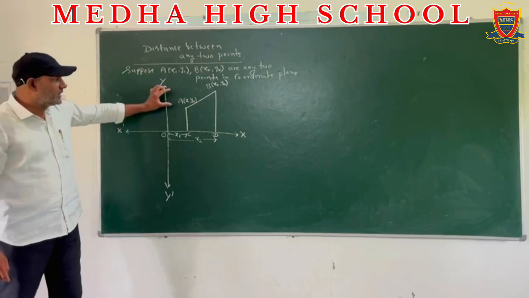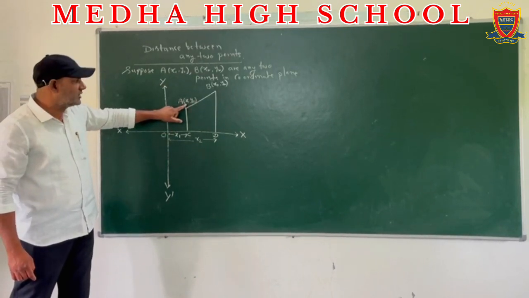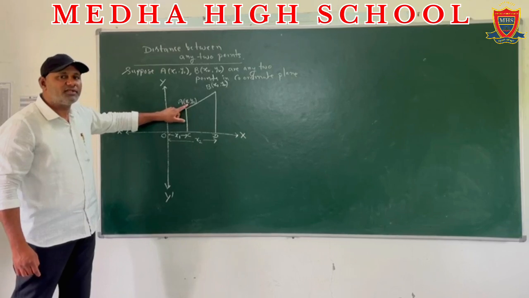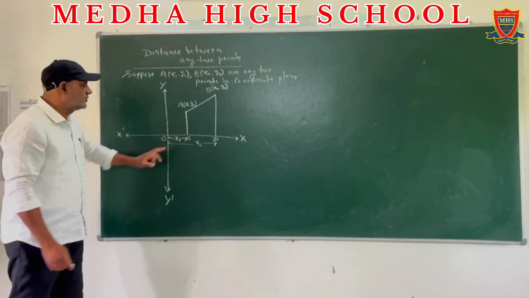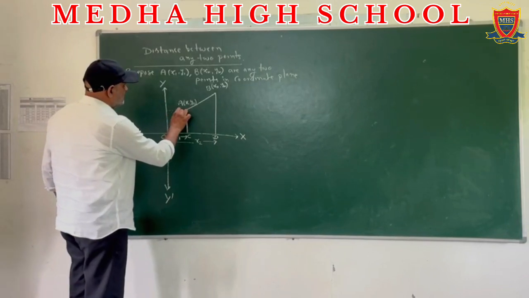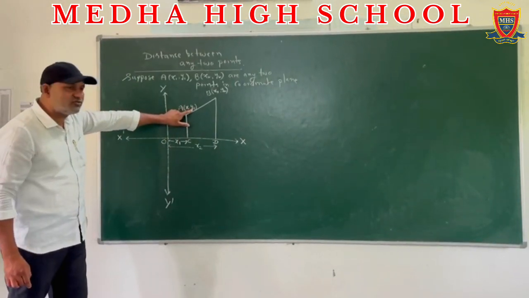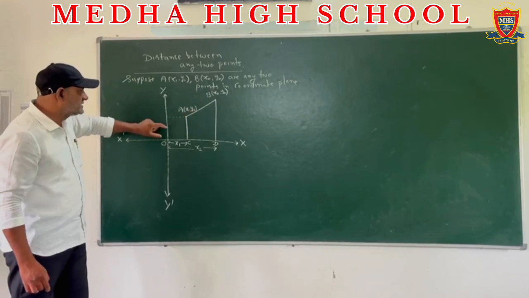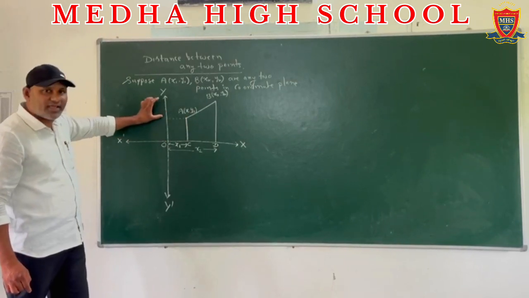Now the location of point A: the x-coordinate means x1, the distance from the origin to C is x1. This is the same as this distance. And this y1 is the distance from A to the foot of the perpendicular on the y-axis.